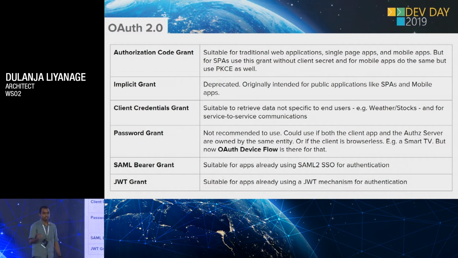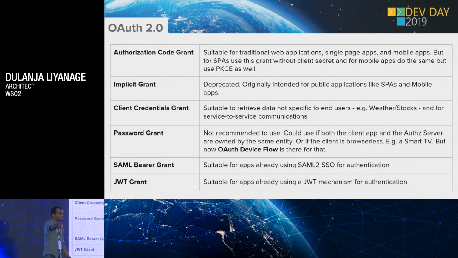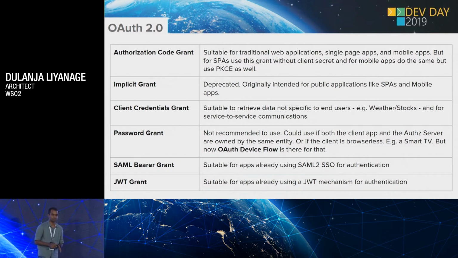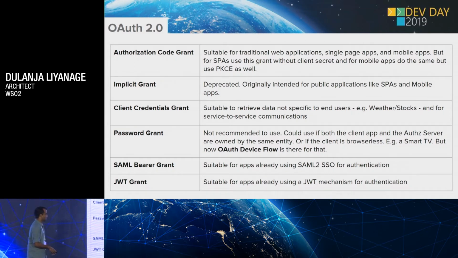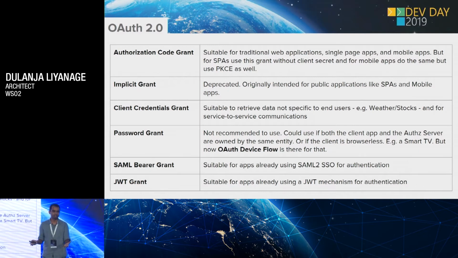Password grant, again, is not recommended, right? It's like using basic auth. You are giving your username and credentials to one app, and it's sending this request to the other server. So again, the credentials are getting exposed. So don't use password grant. There are some situations. One is if the app and the authorization server are owned by one entity, for example, the Facebook app and the Facebook authorization server, right?